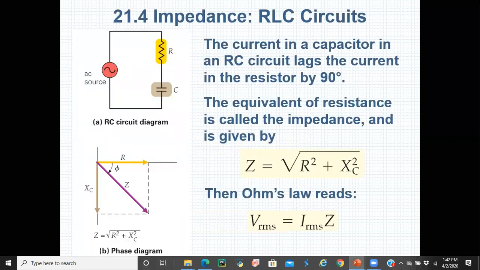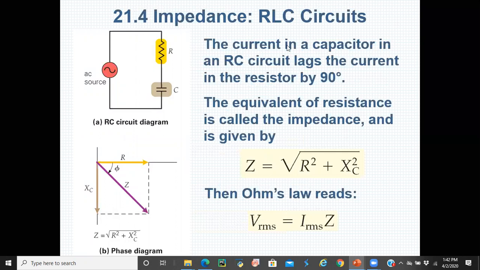Now impedance. If all the components are there, resistance, capacitance, and inductance, then we can say RLC. R is the resistance, L is inductance, and C is capacitance.